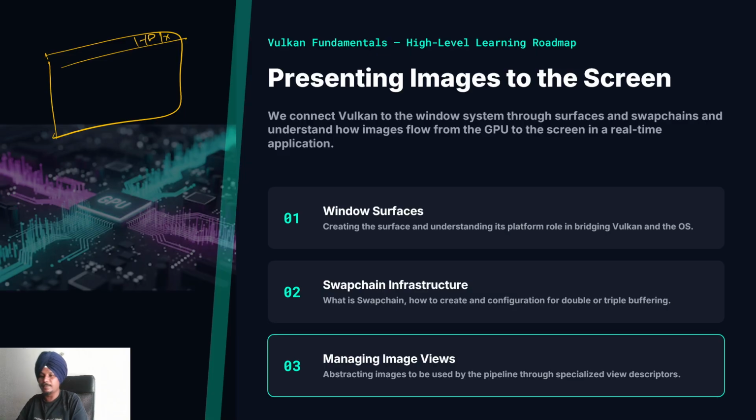We called these images, and when we render those images, the technical jargon in Vulkan is presenting images to the screen. So up until now we have set up our system, we understand the GPU, we created a physical device, then a logical device, and we also created a window.